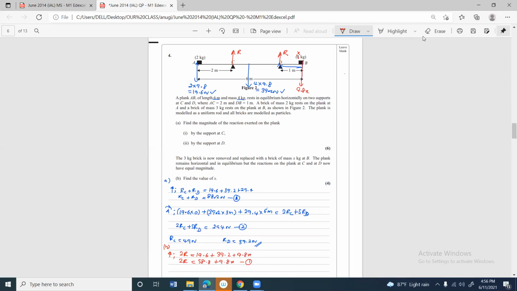Then I'll consider the moment around A. If you consider the moment around A, these three produce a clockwise moment, whereas these two produce an anti-clockwise moment.